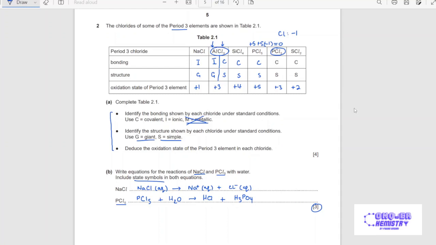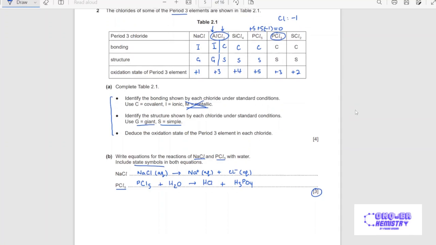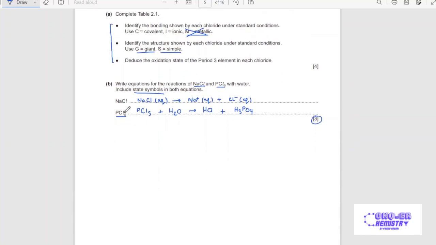It's either going to be +5 or +3. In this case, because we're dealing with PCl5, we're dealing with the +5 oxidation state, so that will give us H3PO4. Remember the state symbols? PCl5, you need to remember this is going to be a solid at room temperature. Water is a liquid, obviously, and these acids are pretty strong, so we're going to write them as aqueous.